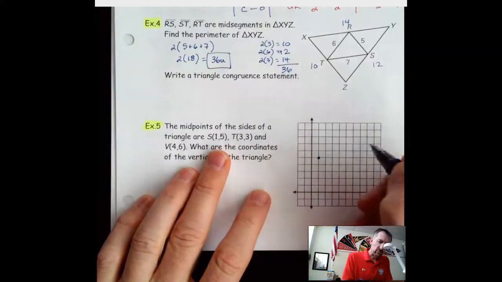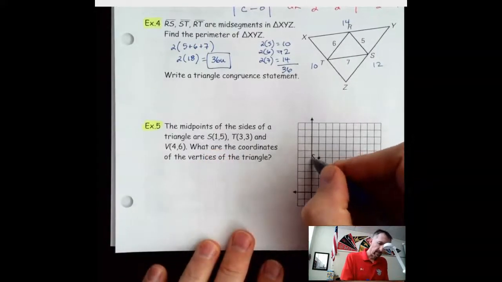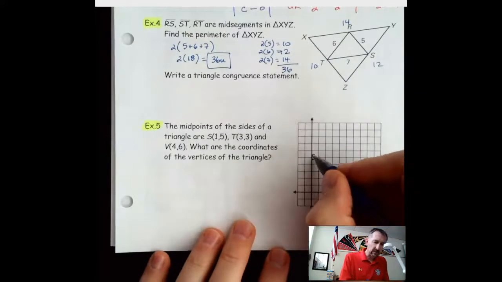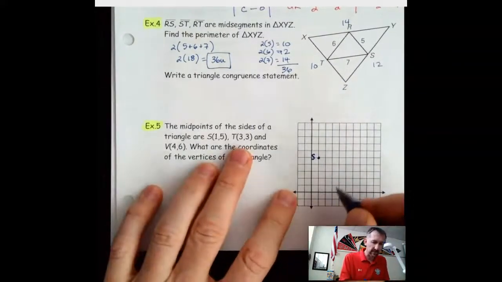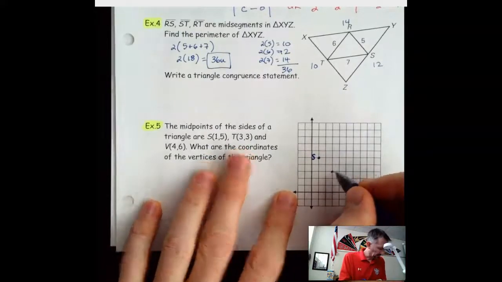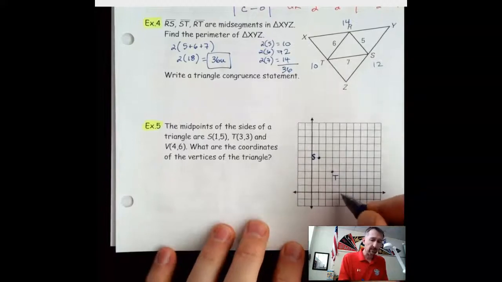Alright, so we want to get these points plotted on here, and sometimes I don't like labeling them because I don't know where the other stuff's going to go, so sometimes I might want to wait on that a little bit. But we'll see here.